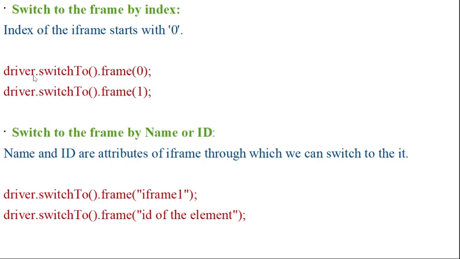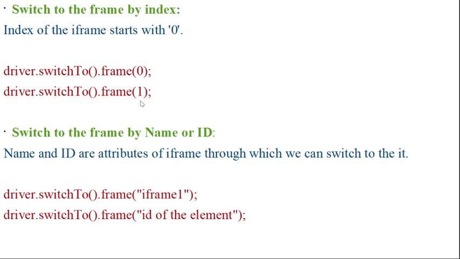You can use the driver.switchTo method. If you want to switch into anything, you use that switchTo method. With the help of the switchTo method, you can switch into the frame. Just use the frame method, and inside it you can pass the index. It starts from 0, 1, 2, 3. If there are two frames, you can simply use the index value 0, 1.